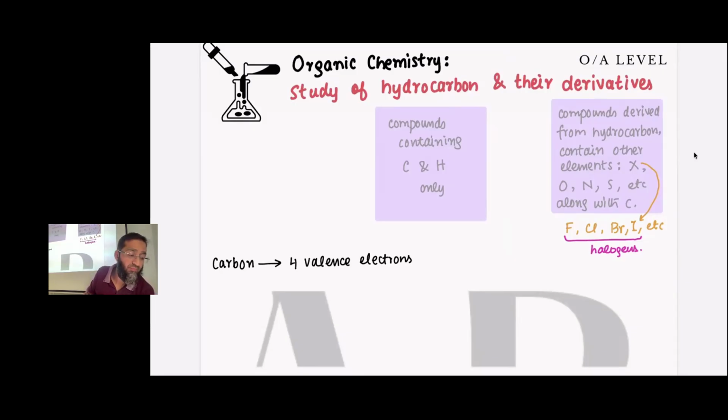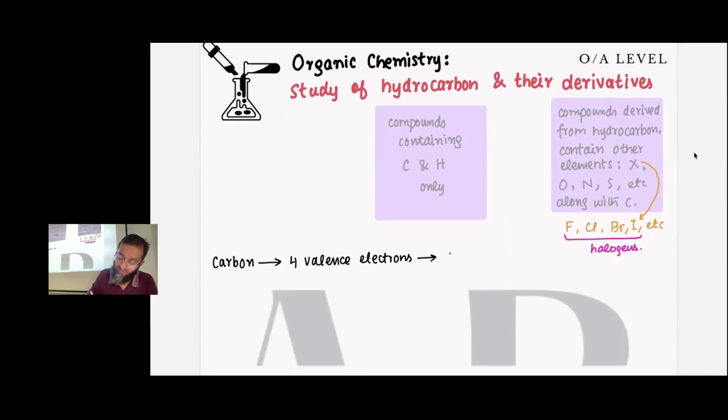And if carbon has 4 valence electrons, then it means, and that's what you need to remember, that it always forms 4 covalent bonds. Okay, so carbon always forms 4 covalent bonds.